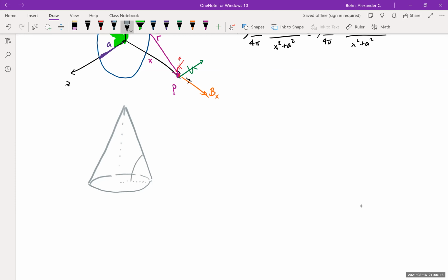This is not the angle we're interested in. At this point, the tangent to the circular base, that's dl, points either into the page or out of the page.